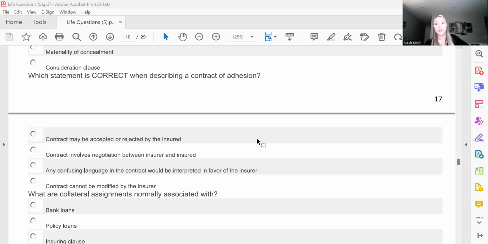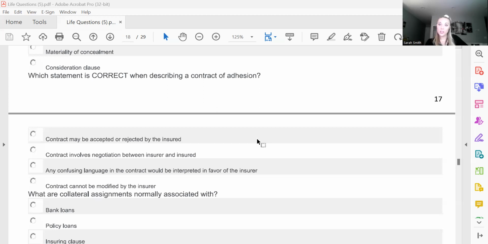So in a contract of adhesion, the contract may be accepted or rejected by the insured. That basically just means there's not going to be any negotiation. So when I put in my applications for each of my 3 policies, I said, I want 250,000 of coverage and I want to pay X amount a month for it.